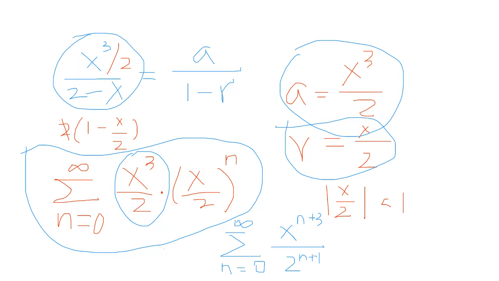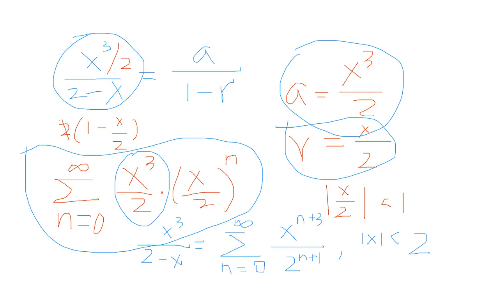And then with this condition, absolute value of x less than 2. That's it. So we write this x cubed divided by 2 minus x.